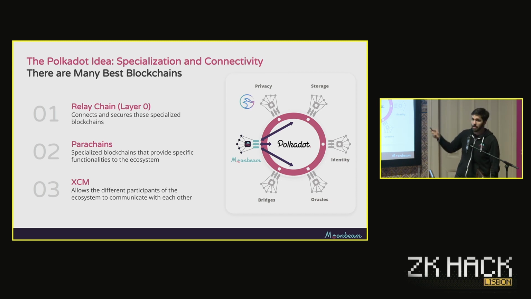You have Manta being a privacy layer based on ZK technology. And then you have other parachains like storage, identity, bridges, oracles, etc. And like I said before, the key technology used to communicate these parachains is called XCM. XCM is a very generic term, but it's what allows these participants to communicate with each other.